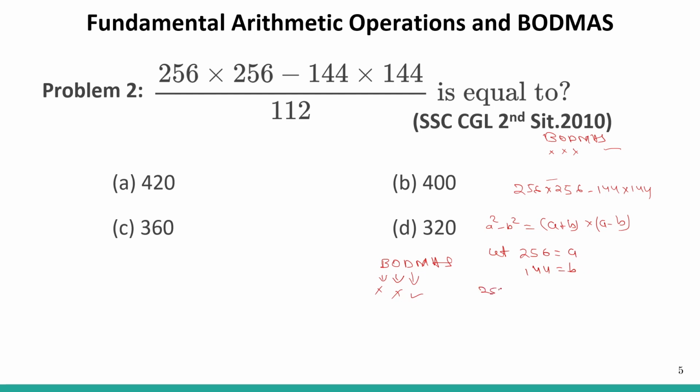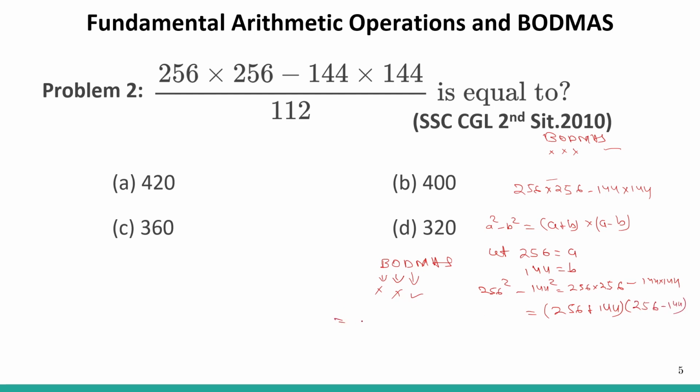So 256 square minus 144 square, that is 256 into 256 minus 144 into 144, is nothing but equal to 256 plus 144 whole into 256 minus 144.